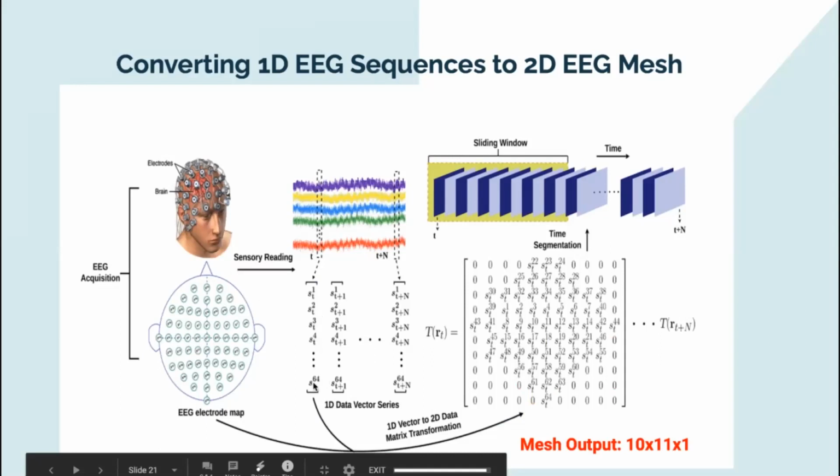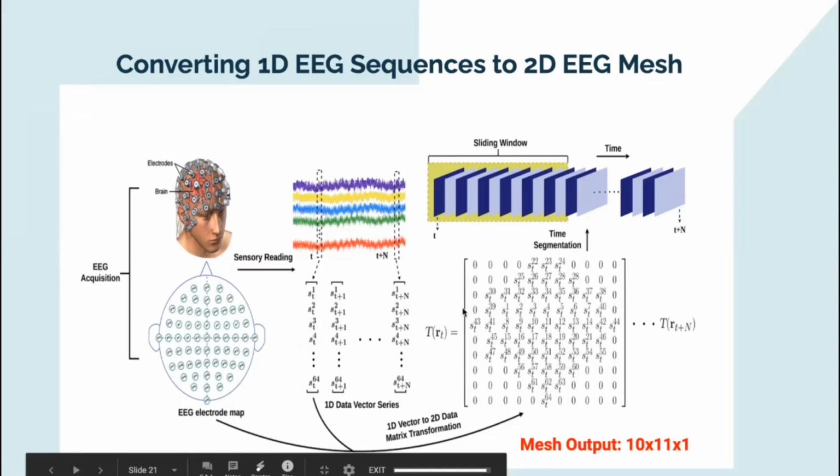After that, from the EEG electrode map, we can see each electrode is physically neighboring multiple electrodes in a certain area, and each area corresponds to a different brain activity. While the 1D EEG vector is only restricted to two neighbors, the one above it and the one below it. For this reason, we convert the 1D EEG data to a 2D mesh in order to reach this conceptualization of the EEG electrode map.